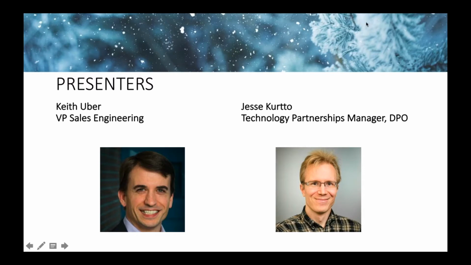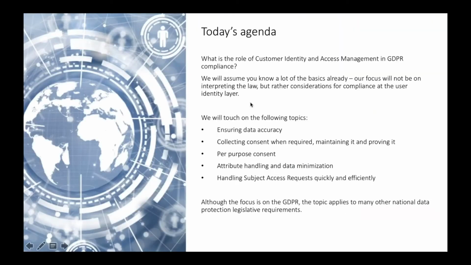It's nice to see everybody here on the webinar today on the topic of customer identity and access management and how it relates to GDPR compliance. We're going to make a lot of assumptions today that you know what GDPR, General Data Protection Regulation, is, and I'm not going to bore you with the details which everybody should know by this stage as the GDPR deadline approaches for enforcement.